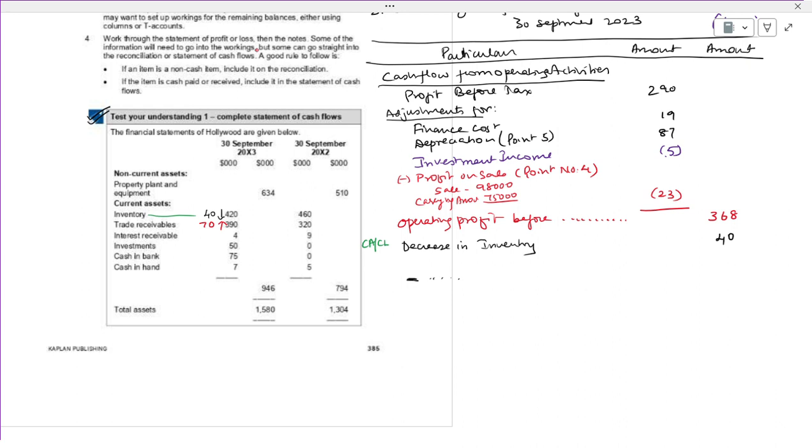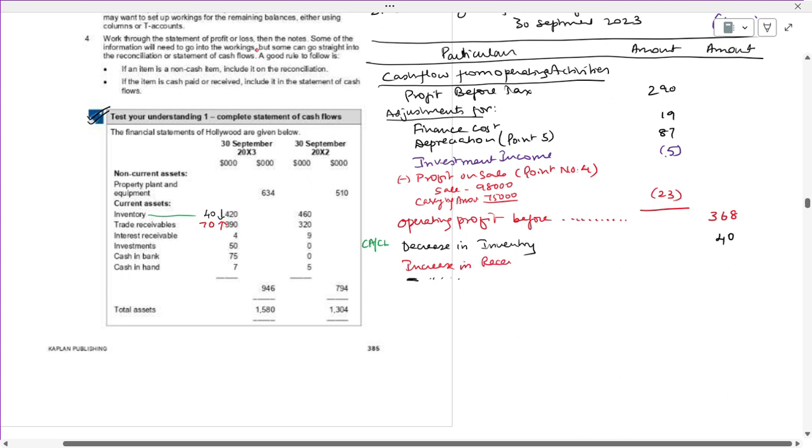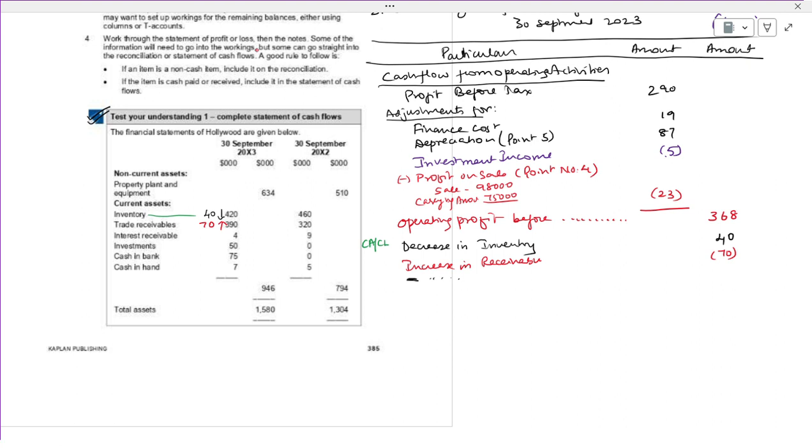Increase in receivables, how much? 70. Asset increases, cash will decrease.